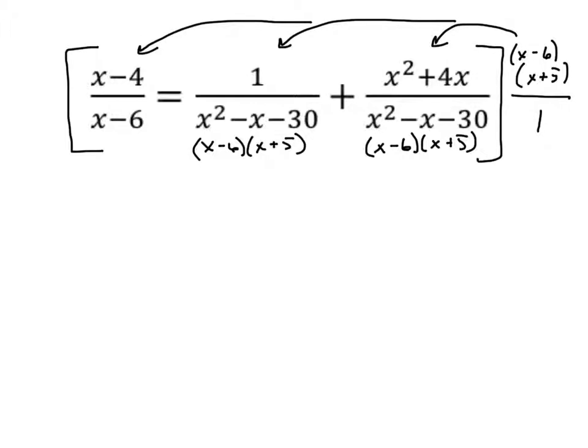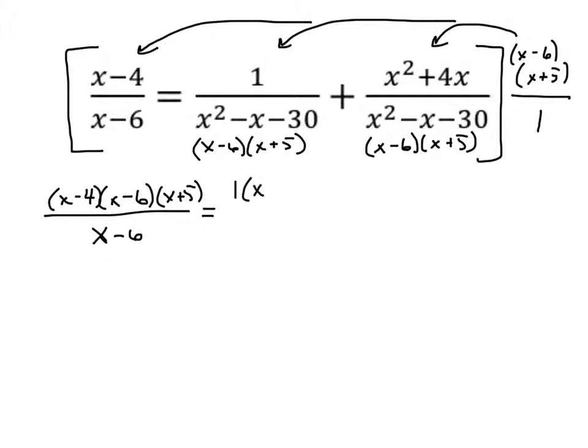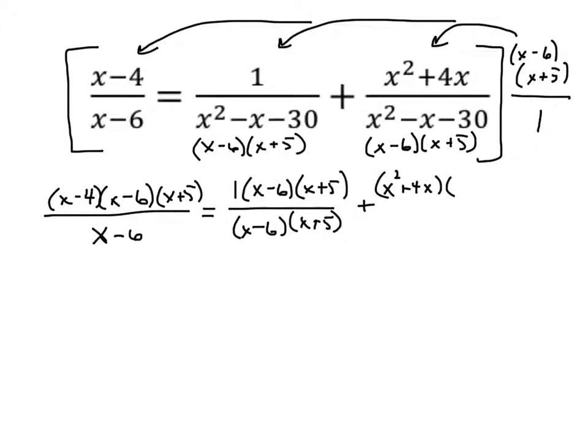Okay, so now when I do this, this one's going to get a little bit more challenging because it's got some more stuff to it. So I'm going to take x minus 4 times x minus 6, x plus 5, all over an x minus 6, equals 1 times x minus 6, x plus 5, all over x minus 6, x plus 5, plus x squared plus 4x times x minus 6, x plus 5, all over x minus 6, x plus 5.